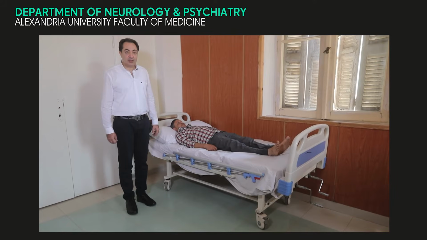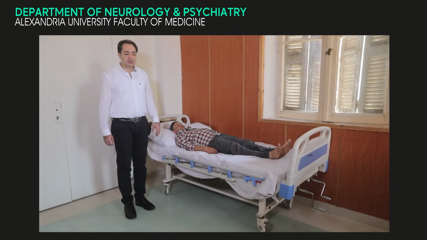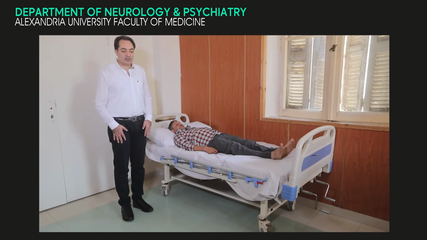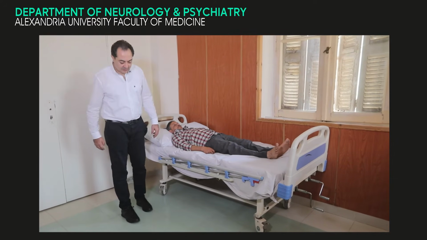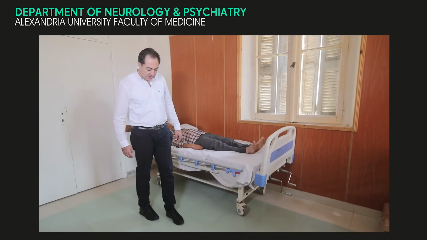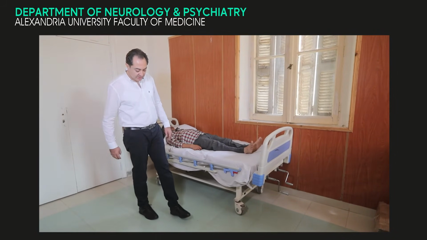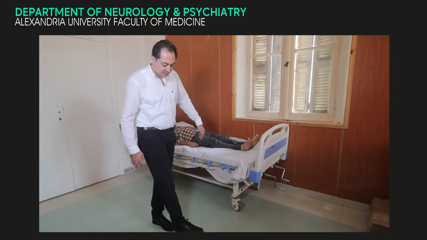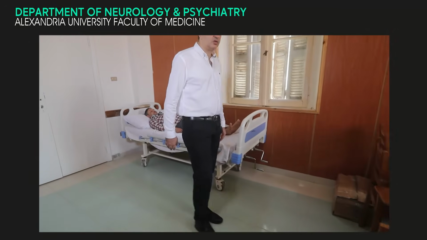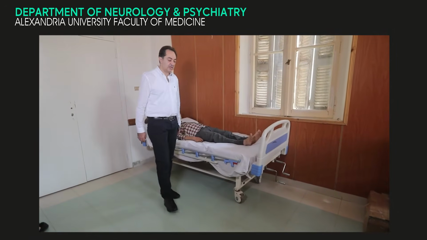Spastic gait: in some patients having hemiplegia bilaterally, they may have spastic gait like this due to extension, and sometimes they have scissoring like this. This is called spastic gait.